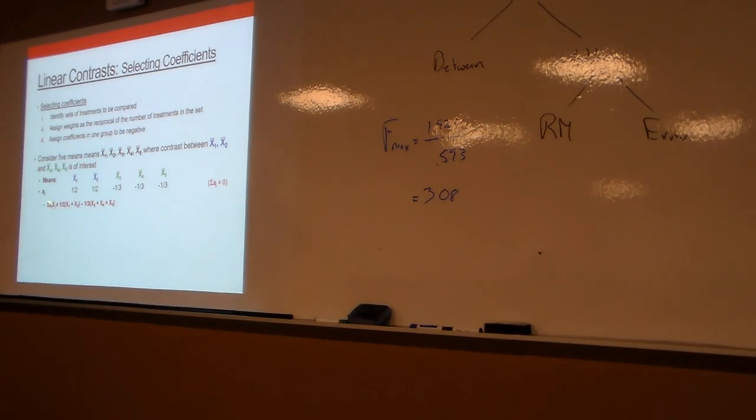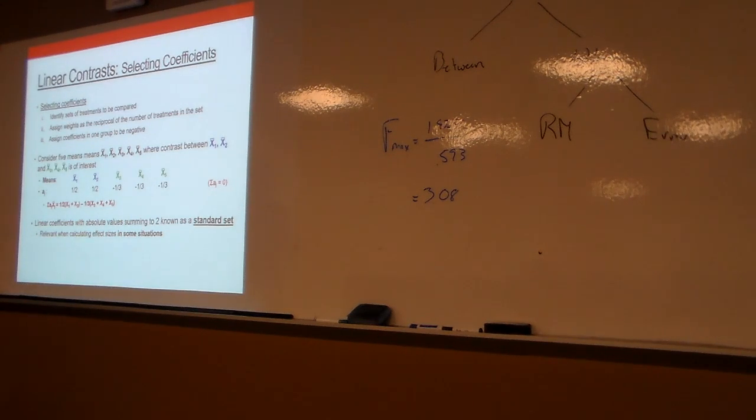So the linear combination here is essentially 1/2 times X1 plus X2, minus 1/3 times X3, 4, and 5. If we set our coefficients so that the absolute value sums to 2, this is our standard set. Remember, this is helpful when we're calculating effect sizes.